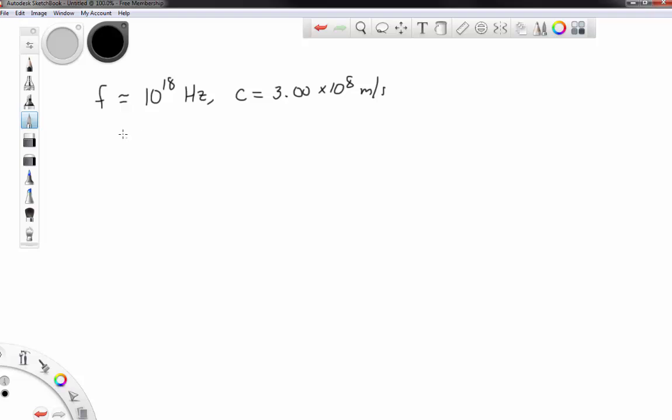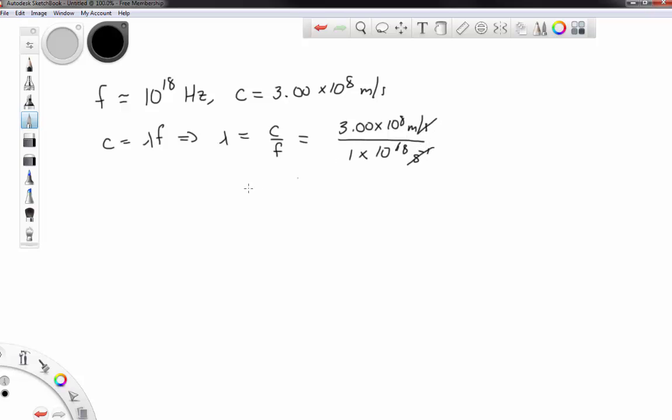Those are both given. So c is equal to lambda times f, and therefore lambda should be c over f. So that is going to give us 3 times 10 to the 8 meters per second divided by 1 times 10 to the 18 per second.